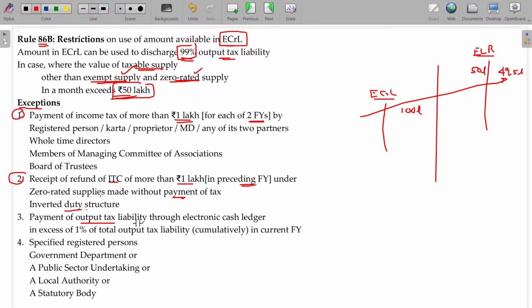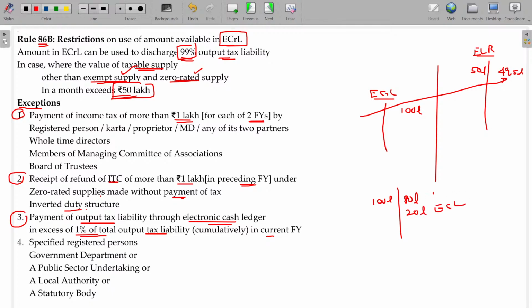And payment of output tax liability through electronic cash ledger in excess of 1% of the total output liability cumulatively in the current financial year. Okay, cumulatively it's more than 1% in electronic cash ledger, but this month you are paying 100% in electronic credit ledger. So it means previous year 100 lakhs, in this 100 lakhs you paid 80 lakhs from electronic credit ledger, another 20 lakhs from electronic cash ledger.